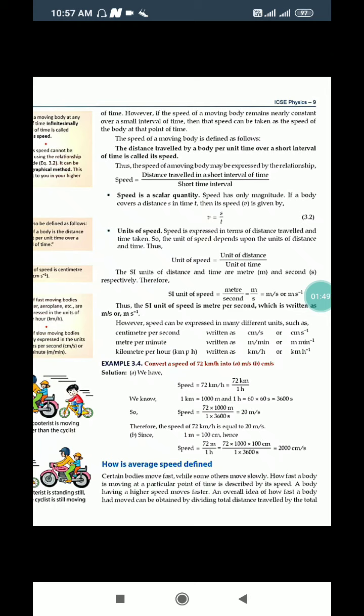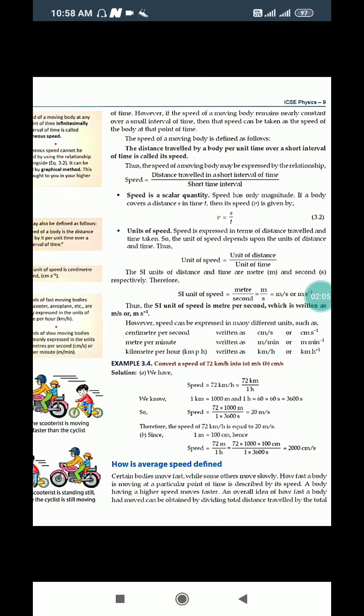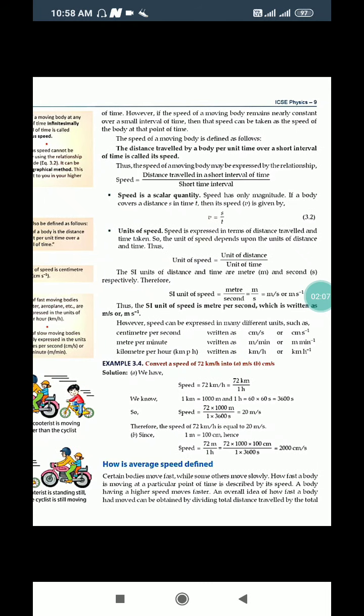Since SI unit of distance is meter and the time is second, so the SI unit of speed is meter per second, and it is represented as m s to the power minus 1, and its CGS unit is centimeter per second, cm into s to the power minus 1.